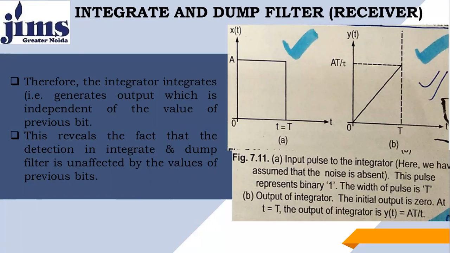If the receiver finds it above the threshold, the receiver declares 1, and if it finds it below the threshold, the receiver declares 0. So this reveals that the detection in the integrate and dump filter is unaffected by the values of previous bits.